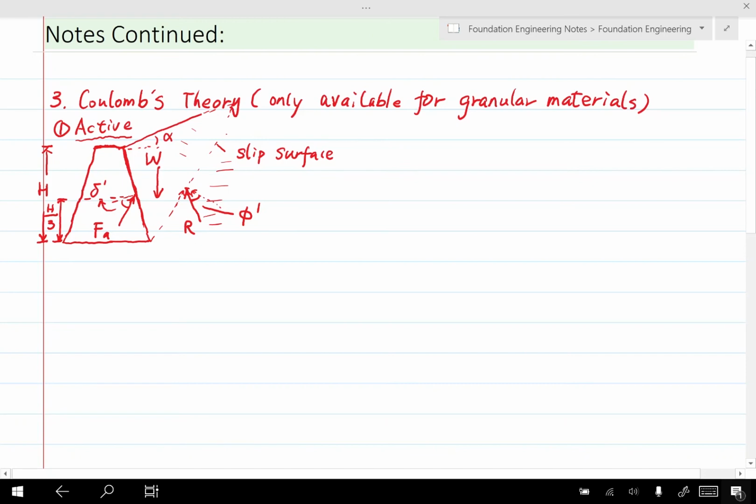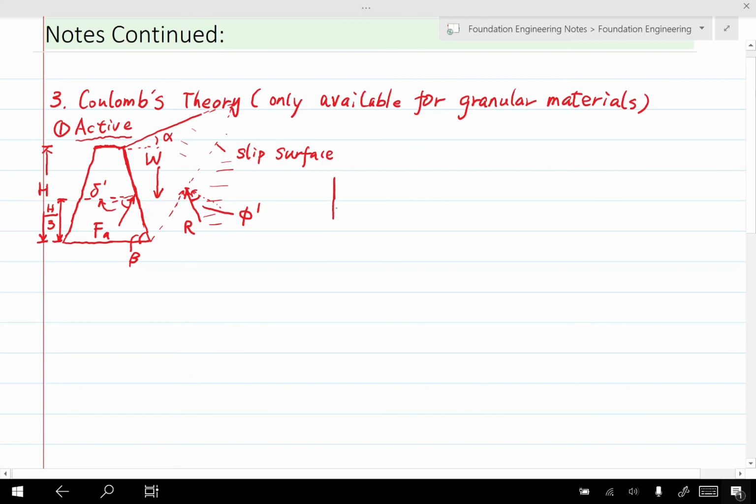There's one more angle that we need to pay attention to. We call this angle beta. That's the angle of the inclination of the back of the wall. So with all the information in hand, we can put the forces on this soil body of interest, that's the soil body above the slip line. Together, we will get the following force triangle.